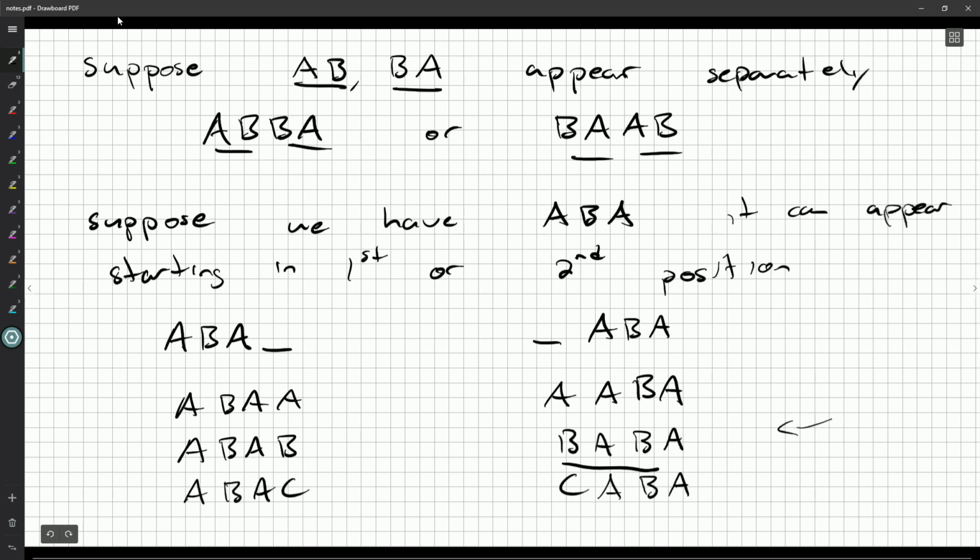Because they've got BAB, which is my last case. So either the AB and the BA are separate, they are merged with the AB first, or they are merged with the BA first. So we have the BAB first. Either it can appear in the first 3 or the last 3 spots.